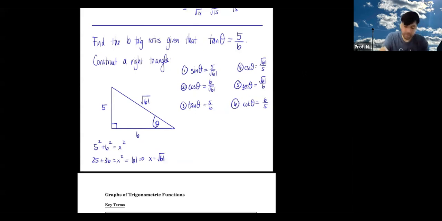And if you want to rewrite this using rational denominators, then you multiply by rad 61 on the numerator and denominator, and you get 5 rad 61/61. And the same thing happens here. This becomes 6 rad 61/61 when you rationalize the denominator.